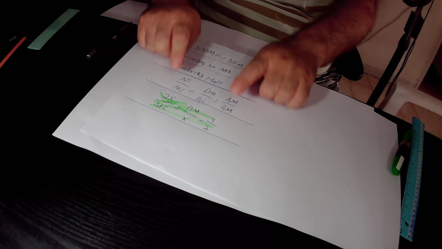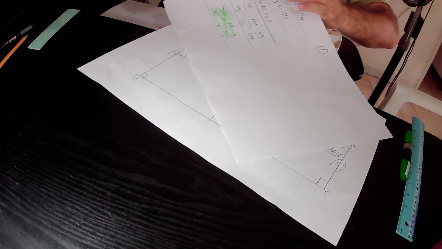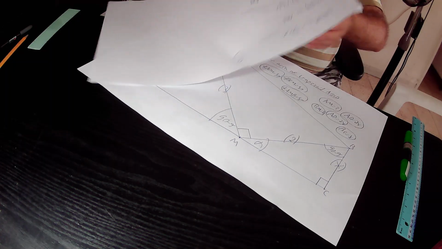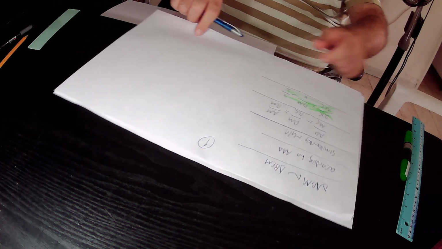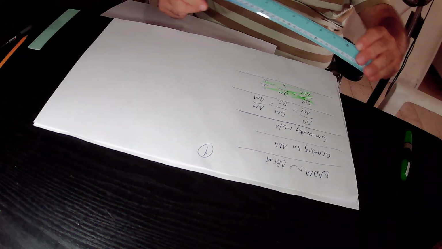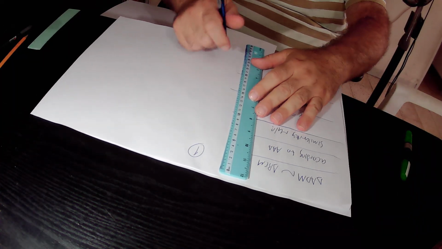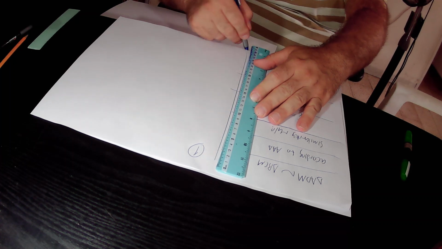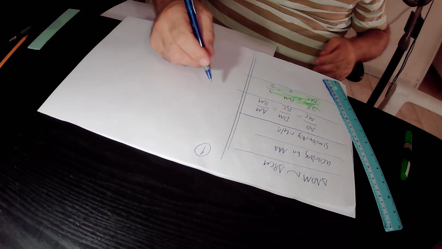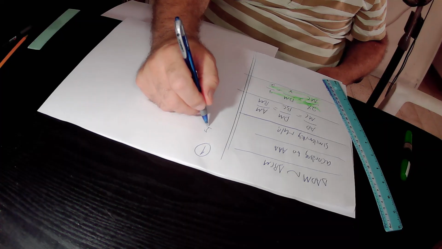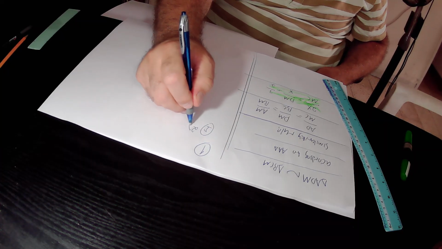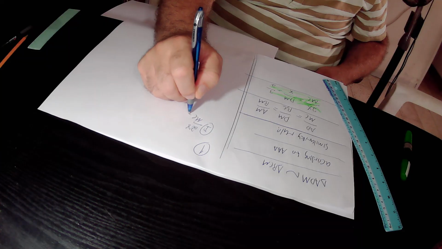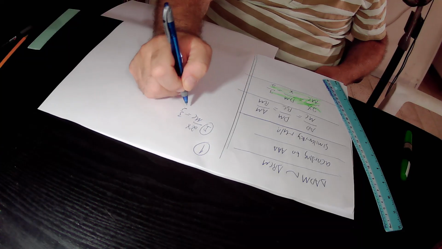So write it down: according to equation 1, 2x over MC equals 3 halves.